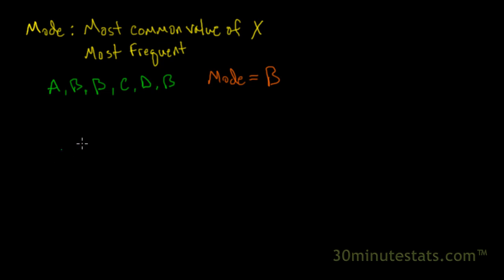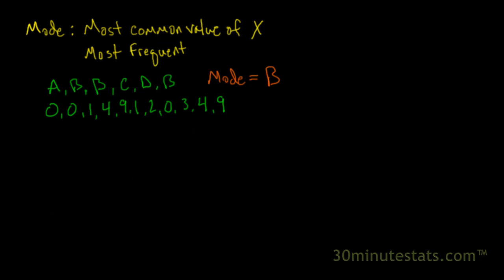Okay, as a second example, we'll go with a slightly larger array, and let's say we've got an array that is 0, 0, 1, 4, 9, 1, 2, 0, 3, 4, and 9.